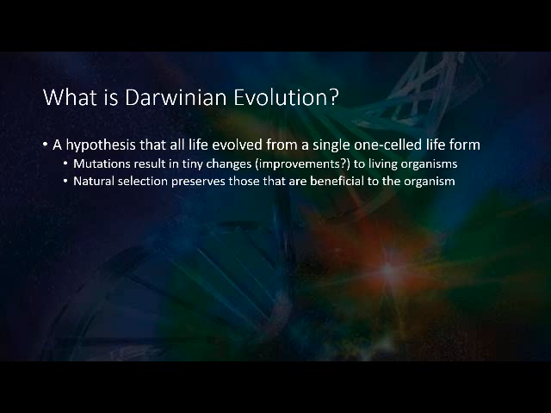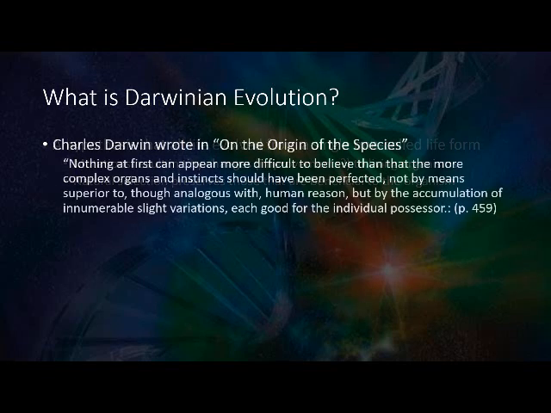those that are not. Well, Charles Darwin wrote in his book On the Origin of the Species that introduced this concept of evolution. He said, "Nothing at first can appear more difficult to believe than that the more complex organs and instincts should have been perfected, not by means superior to, though analogous with, human reason, but by the accumulation of innumerable slight variations, each good for the individual possessor."